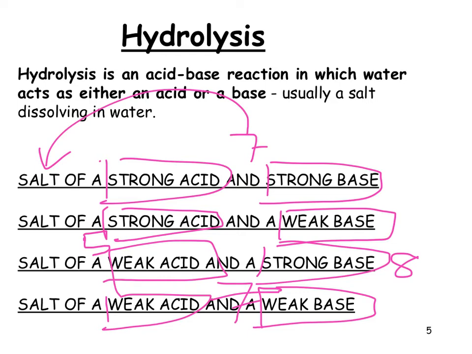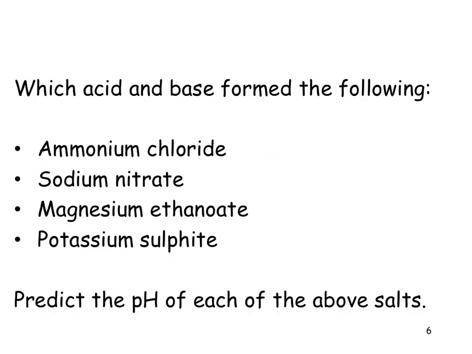Let's look at this by example in a little bit more detail. So as I dissolve various salts into water, I need to look at what type of acid or base would have contributed to that salt. So if I take ammonium chloride, where did this come from? It came from the base, ammonia, and the acid, hydrochloric acid.